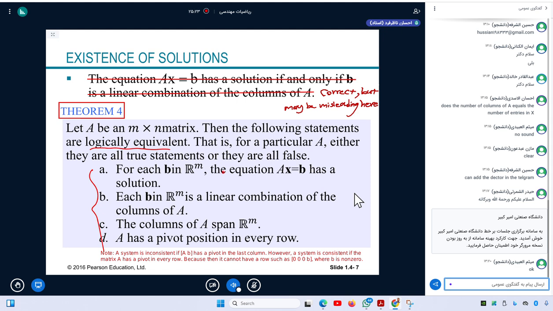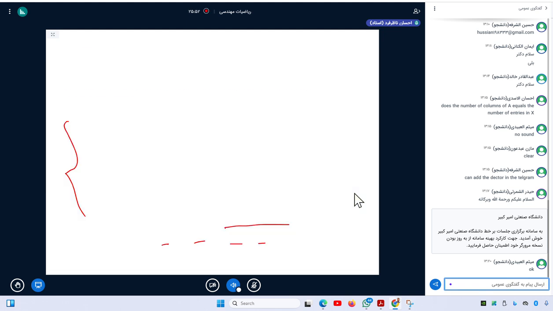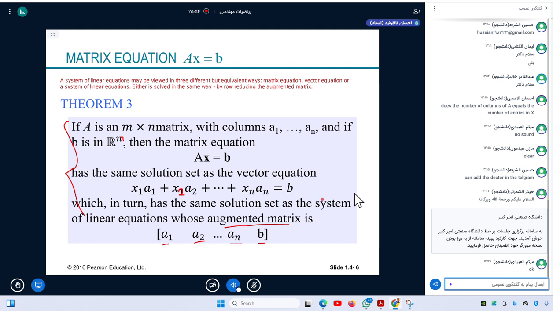For each B in Rm, the equation Ax equals B has a solution, brothers, sisters. Has a solution means it is consistent. So it might have one solution, or infinite solutions. So it has a solution. Each B in Rm is a linear combination of the columns of A, because we just saw that, if you remember.